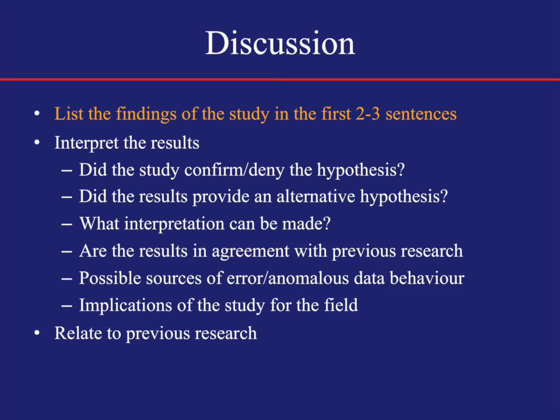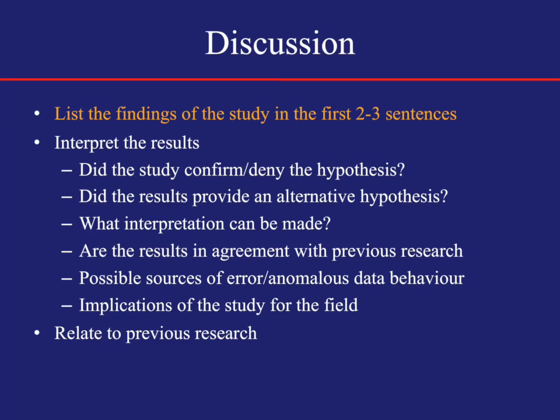Regarding the discussion, sometimes you see discussions that are very long, and you get a discussion of the main results after 2 or 3 paragraphs. You always have to start with 1 or 2 sentences saying the main findings of this study are 1, 2, 3, and then discuss the first one, the second one, the third one.